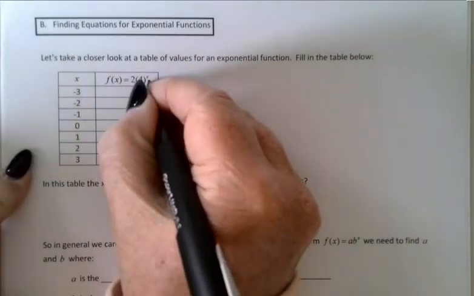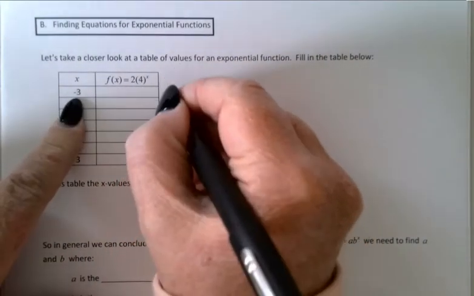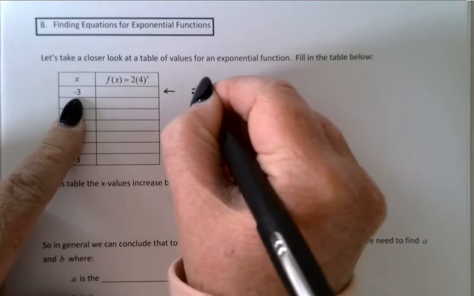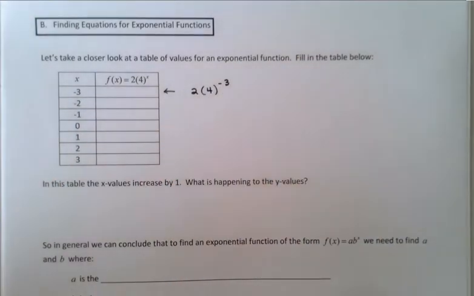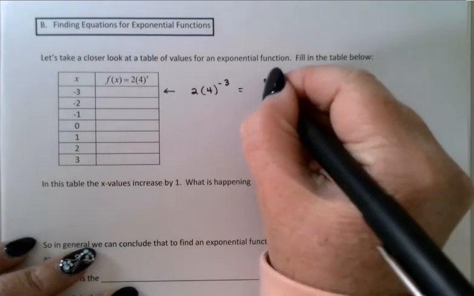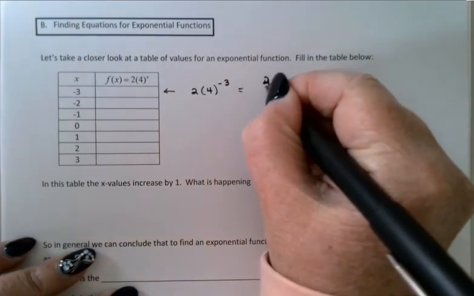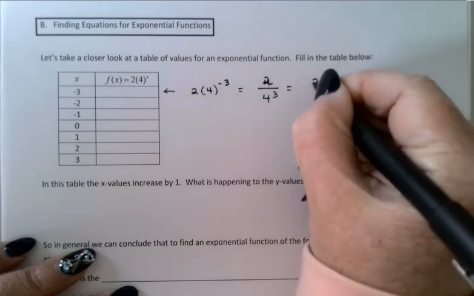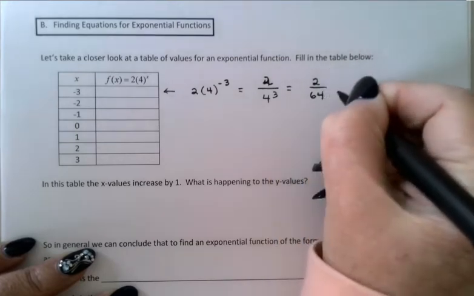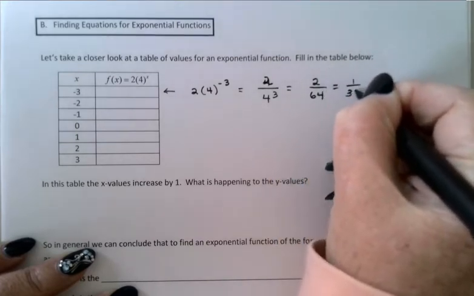If I have 2 times 4 to the x as my function, this would be 2 times 4 to the negative third, which is the same as 2 over 4 cubed, 2/64 or 1/32.